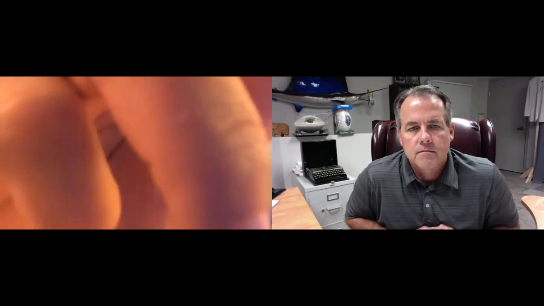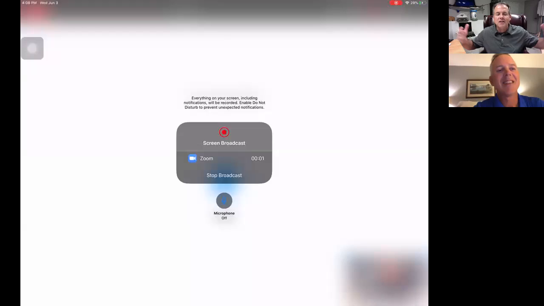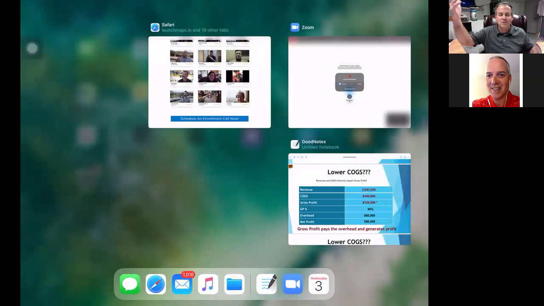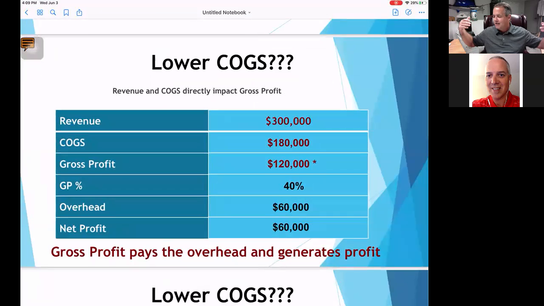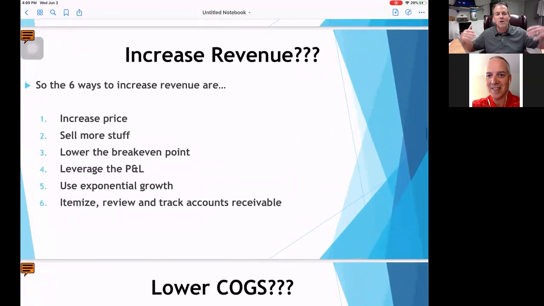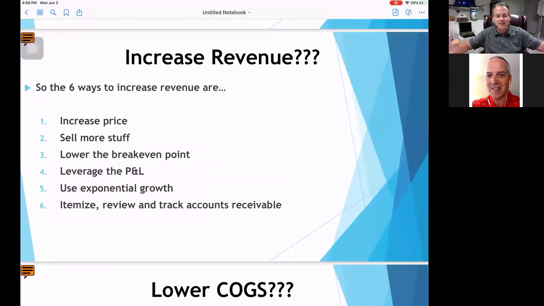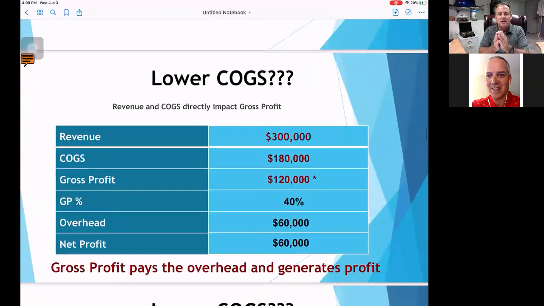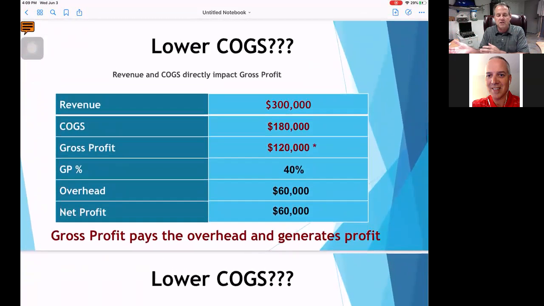Let me see if I can share my screen and we'll go from here. I'm on a little iPad today and let's see how that works. Because Matt is on vacation more than anybody else I know, and this is to be admired. We tell as we're switching over to screen share. One of the things I talk about, and why you want to be part of our mastermind, is that most entrepreneurs aspire to have more money, but the goal is to have more free time so you can enjoy the money.